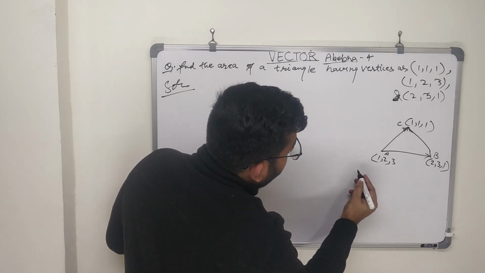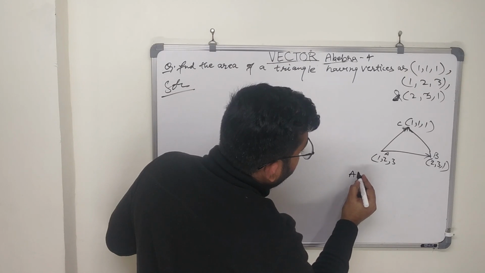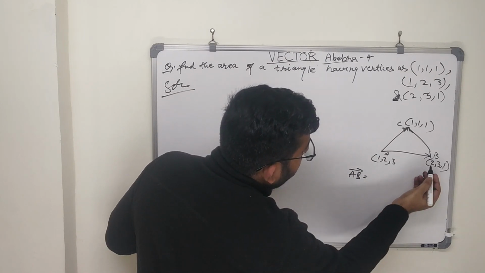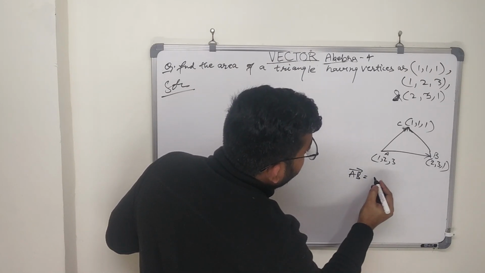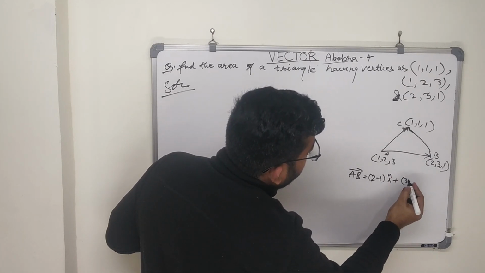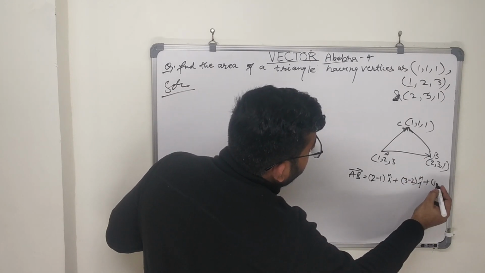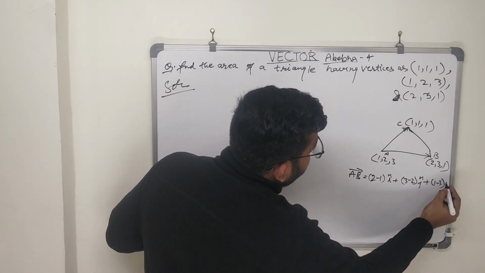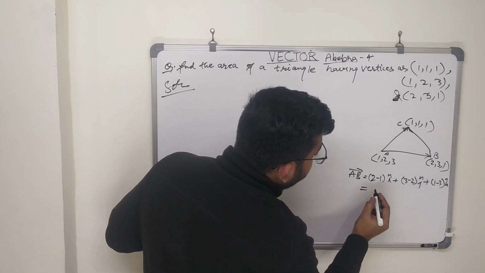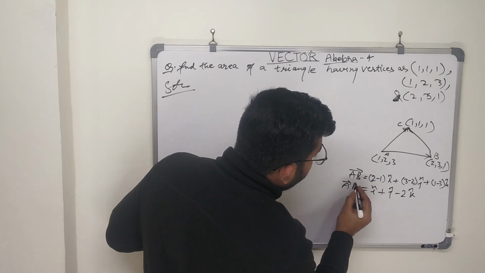So now calculating the vector AB, this will be equal to x2 minus x1, that is 2 minus 1 into i cap plus 3 minus 2 into j cap plus 1 minus 3 into k cap. So now simplifying this. So this will be the vector AB.